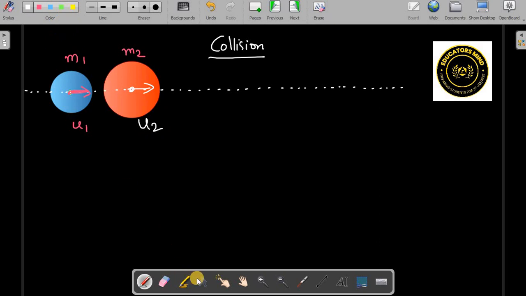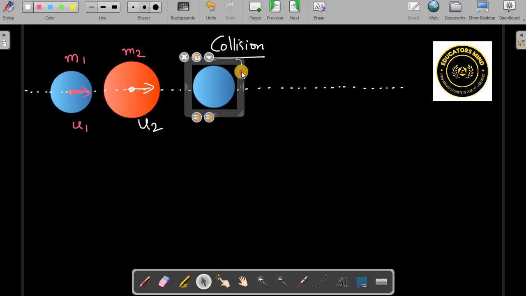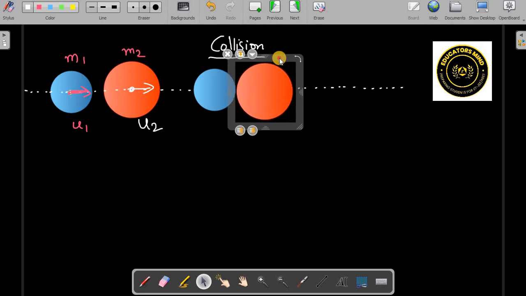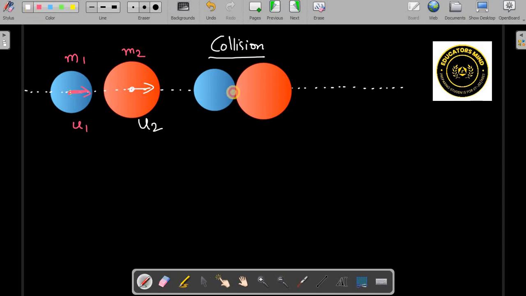What happens during collision? Again the same thing which I told. Let's consider during collision. During collision, these bodies exactly come in contact at a particular point, right? So this is the point where they are in contact. So they apply force on each other like this. The force which is directed towards the right side is acting on the right side body.